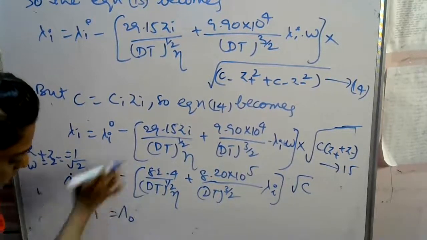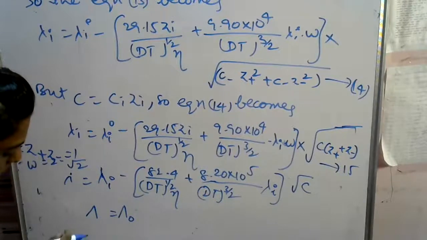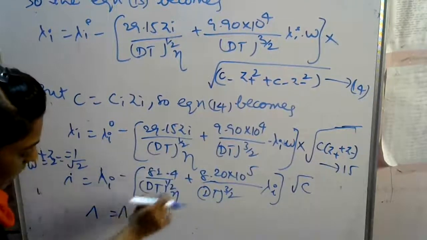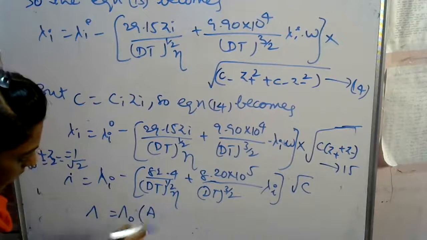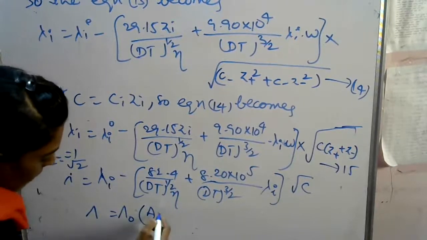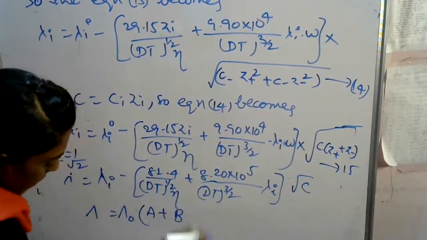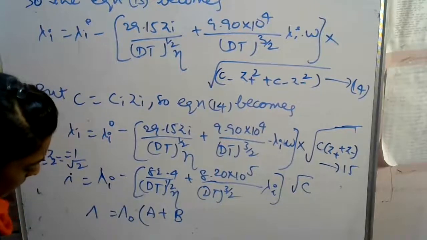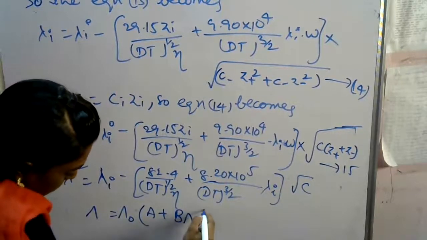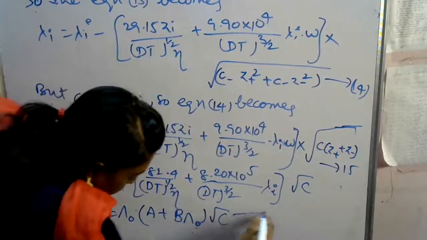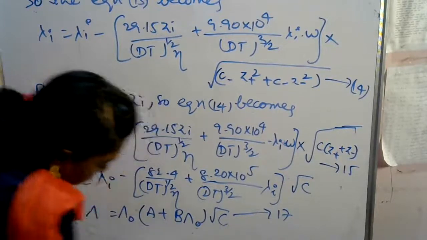We have to simplify this equation as a plus b, lambda naught into root c. Okay, this is 17th equation.